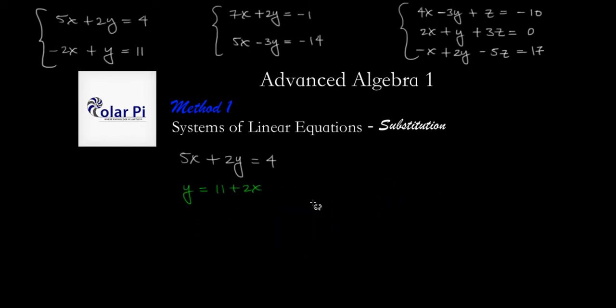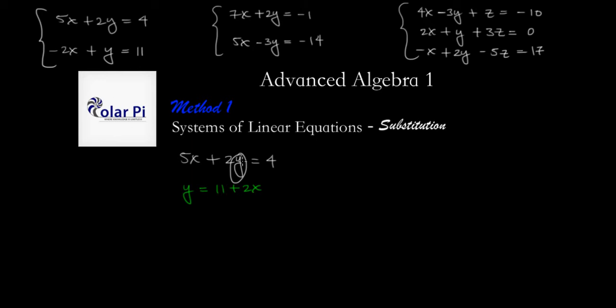Then we use the knowledge that y is in terms of x and constants, which is that y is 11 plus 2x, to come in here and replace that y with 11 plus 2x. So the name substitution, because in the first equation, we are substituting for y with what we know it equals based on the second equation. We know, based on the second equation, that y equals 11 plus 2x.